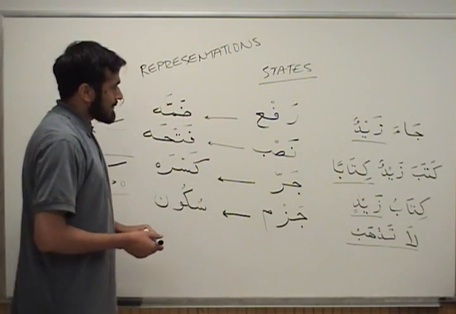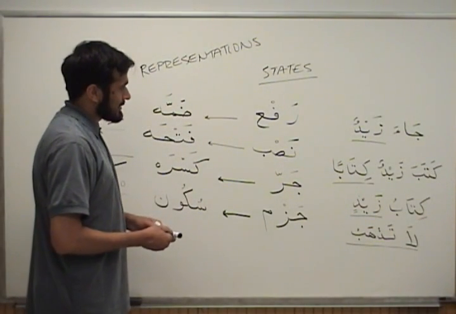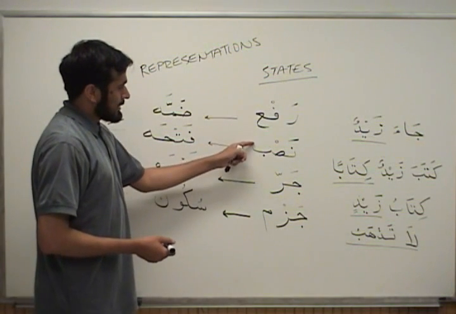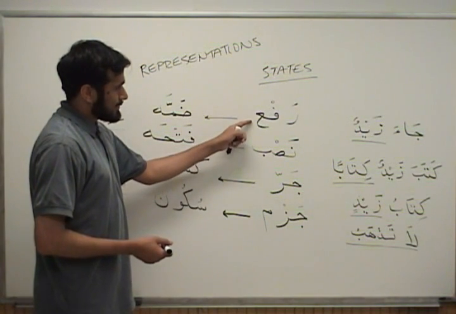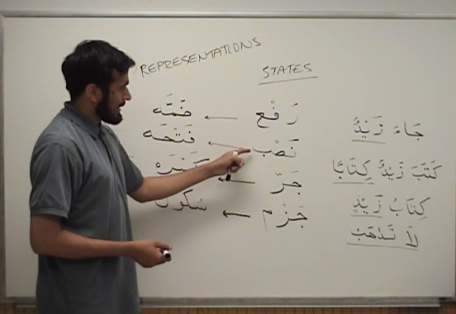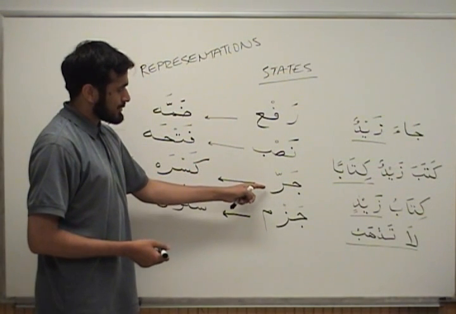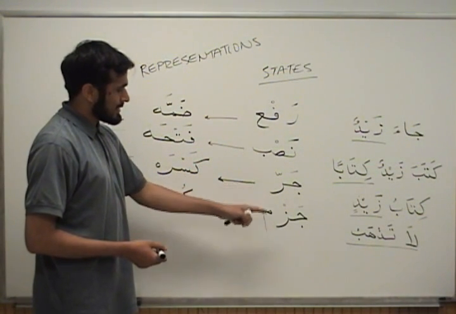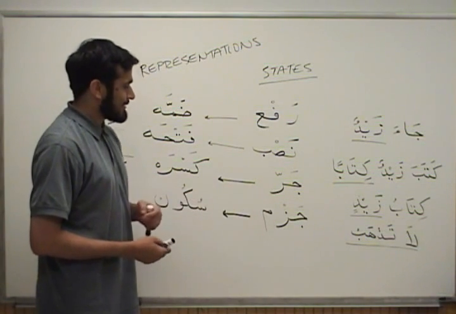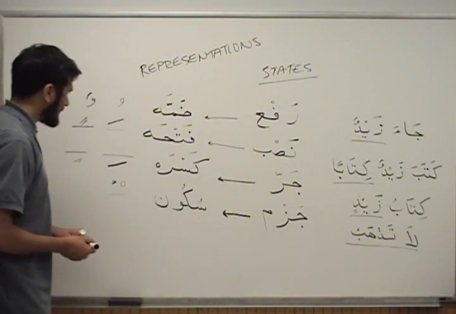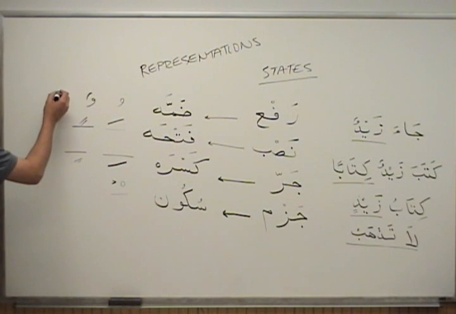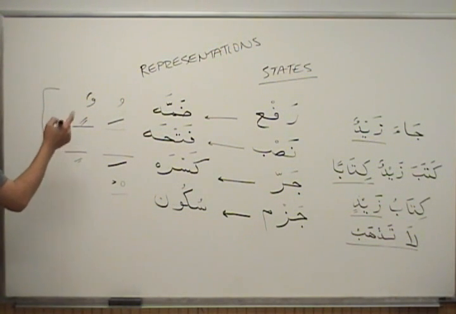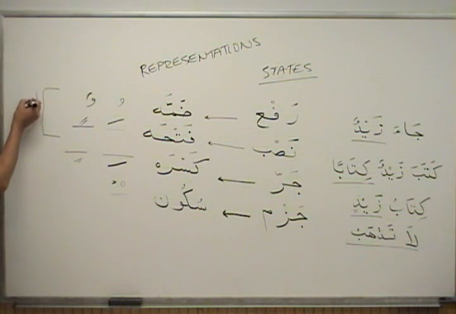Now, rafa and nasb, these two can be in ism and can be in fi'l. Jar is only possible in ism. Jazm is only possible in fi'l. Again, the first two states of rafa and nasb, you could have them in ism or you have them in fi'l.